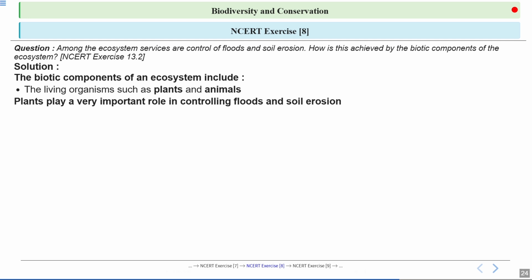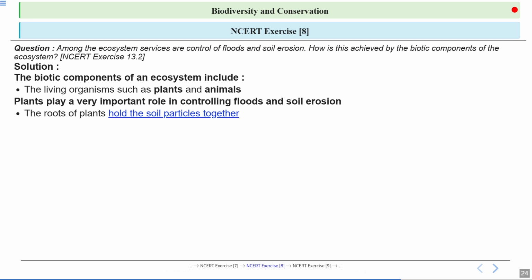Their roots also improve soil structure and increase water infiltration, reducing surface runoff that can lead to floods. The leaves and stems of the plant also slow down the rainwater, allowing more time for the water to be absorbed into the ground, which further reduces the risk of flooding.